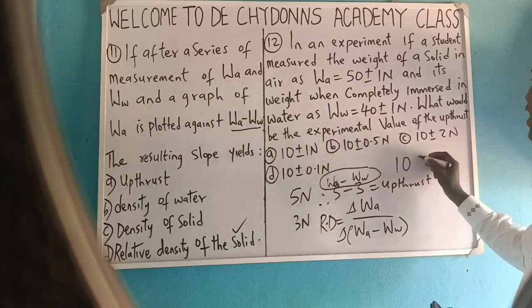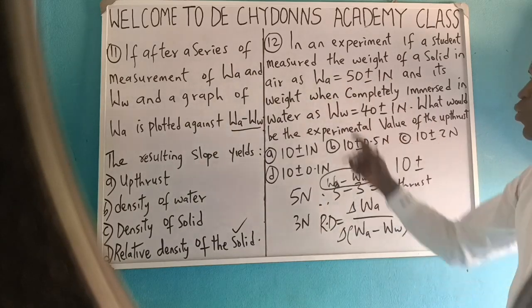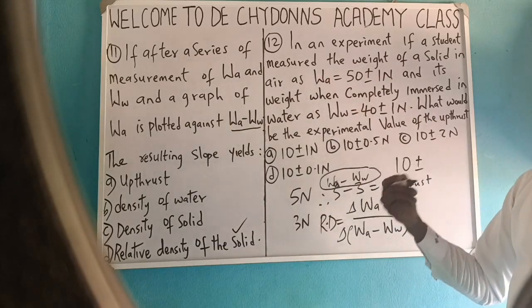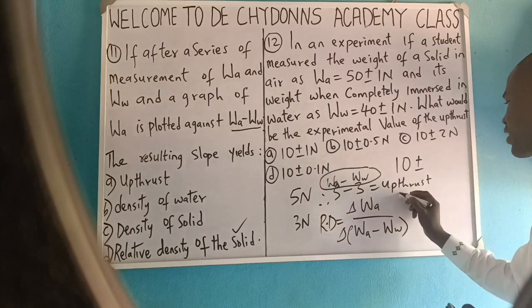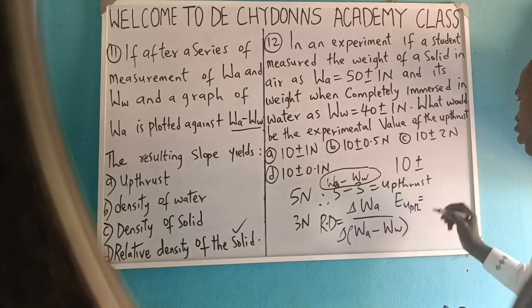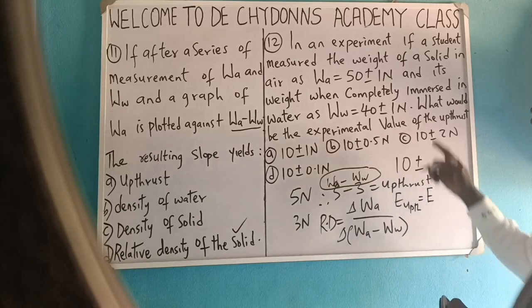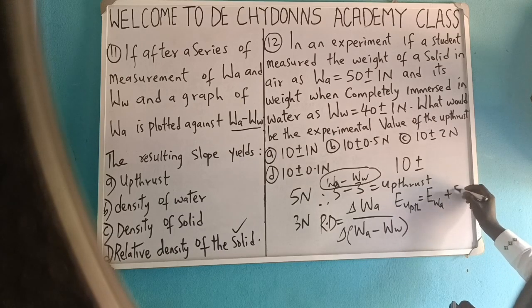Now, how do we get the error in this difference, in this upthrust, weight in air minus weight in water? To get the error, you say the error in getting the upthrust equals the maximum error in getting the weight in air plus the maximum error in getting the weight in water.